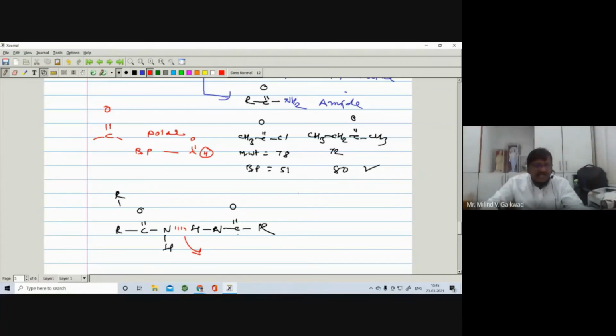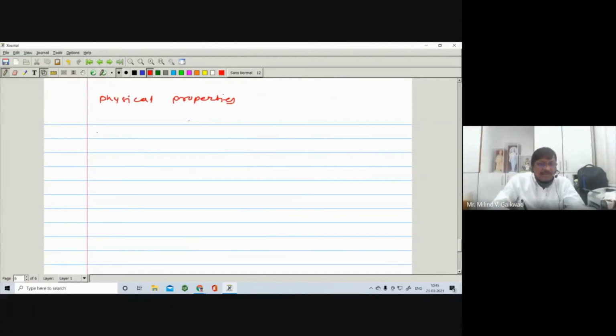Now we'll see some preparation of the first derivative, that is acid halide, R C double bond O X. Starting from acid, we can prepare the acid halide. How?